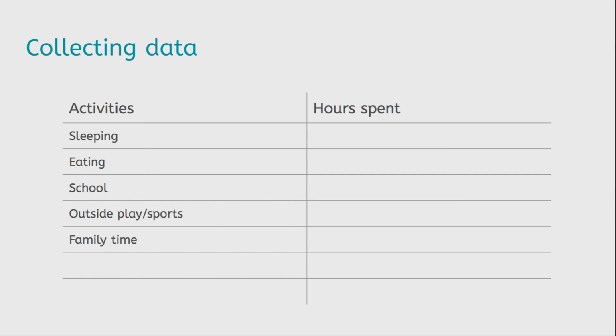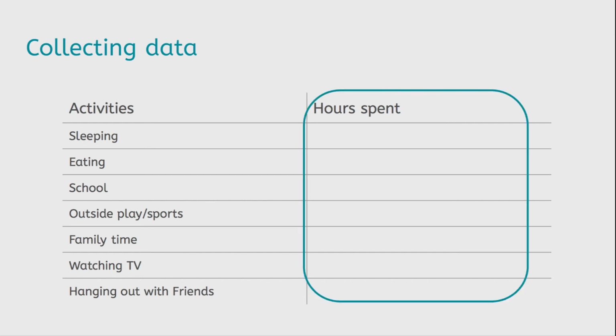How much time do we spend hanging out with our family, playing games? How much time do we spend watching TV? And how much time do we spend hanging out with friends? And we're going to keep track over in the hours spent column about how much time we spend doing each of those activities. So let's collect some data.